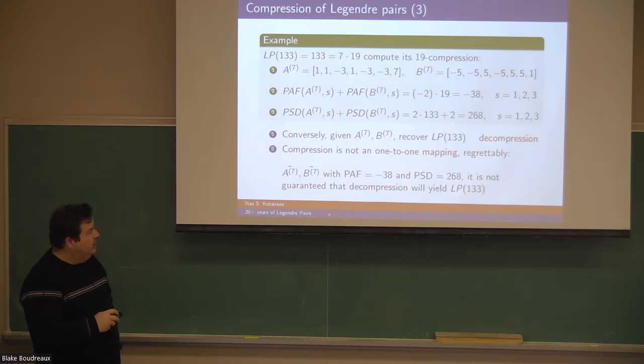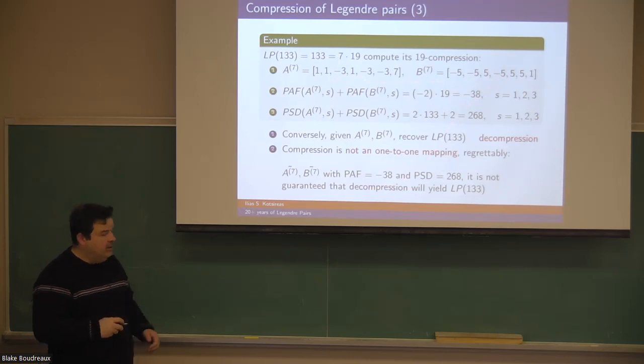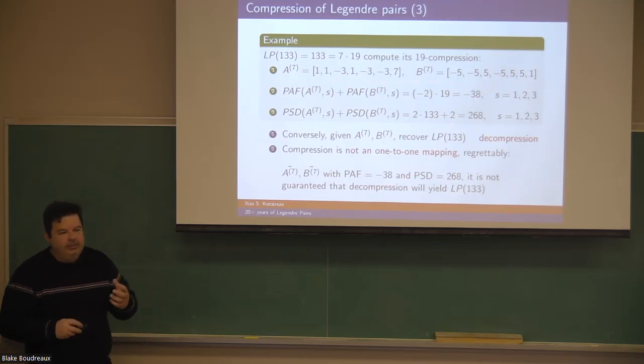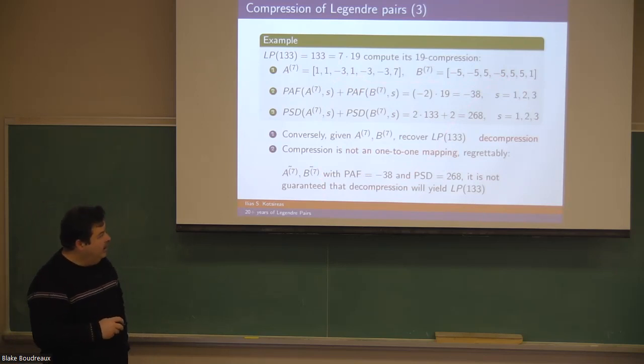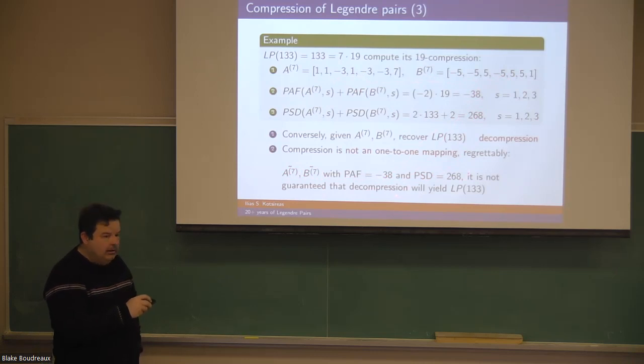So the caveat with compression is that it's not a one-to-one mapping or an onto mapping, depending how you define it. In other words, if someone gives you another pair, A7 tilde and B7 tilde, with the pafs summing to -38 and the PSDs to 268, it is not guaranteed that the decompression will give you a Legendre pair of 133.